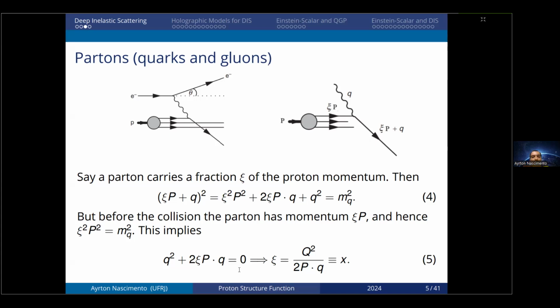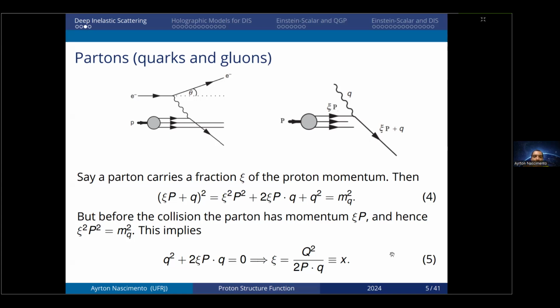And you can conclude further that this parameter, which I just called the fraction of the momentum carried by the parton, which is a gluon or a quark inside the proton, is actually the same expression as the Bjorken x, which describes the inelasticity of the problem. So functions that depend on x actually depend on the fraction of the momentum carried by the particle inside the proton.